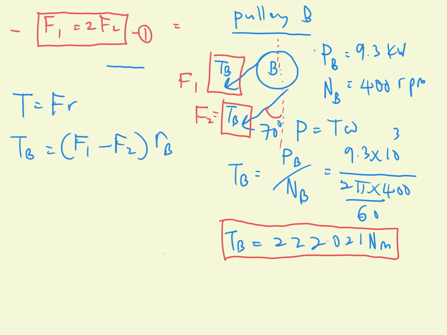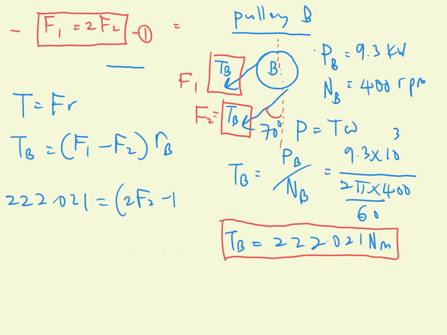Given that the torque at pulley B is 2.021, we put F1 into this equation, so F1 we change into 2F2.